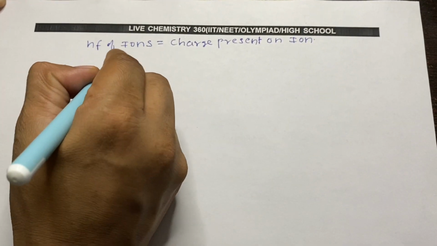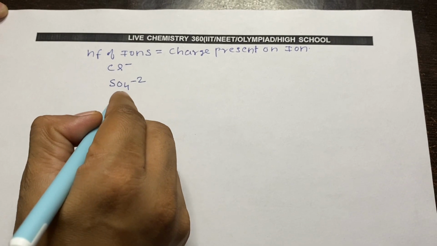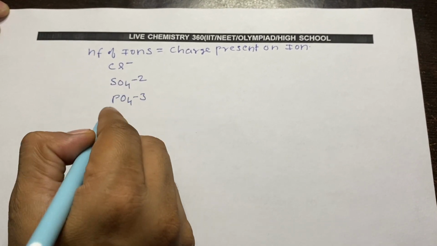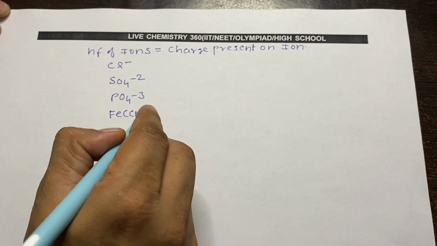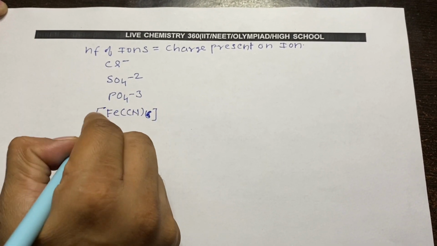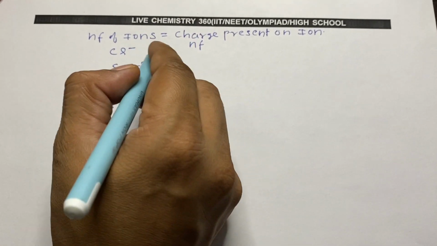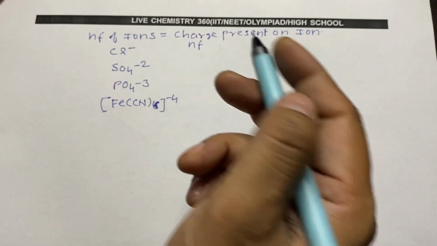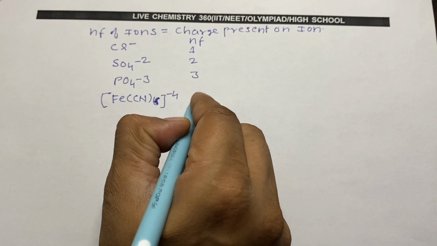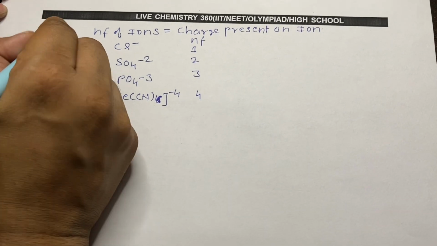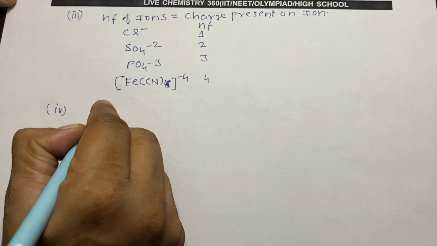So if we wish to find the n factor of Cl minus, SO4 2 minus, PO4 3 minus and Fe(CN)6 4 minus, we can calculate the magnitude of charge present on the ions. This will be 1, this will be 2, this will be 3 and this will be 4. Now we will calculate the n factor of salt.